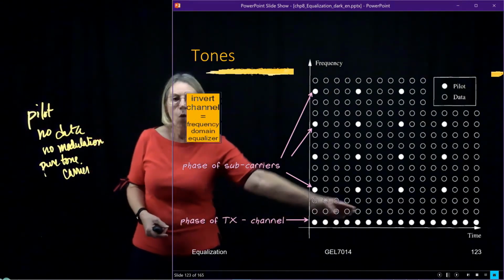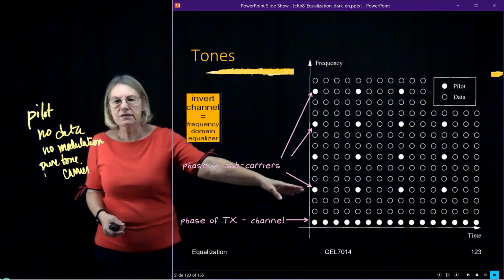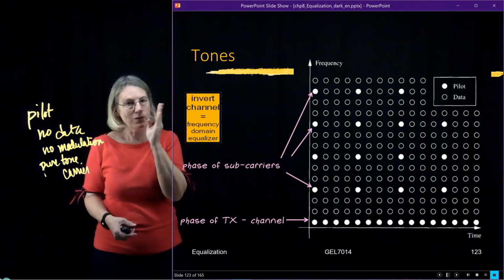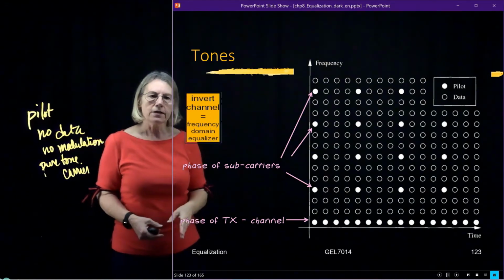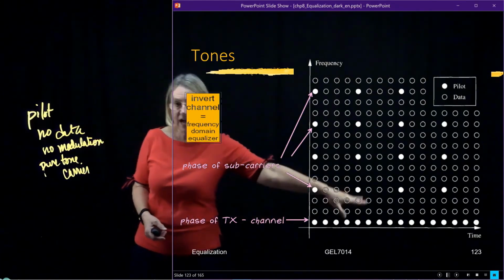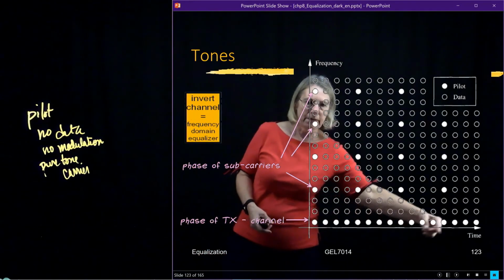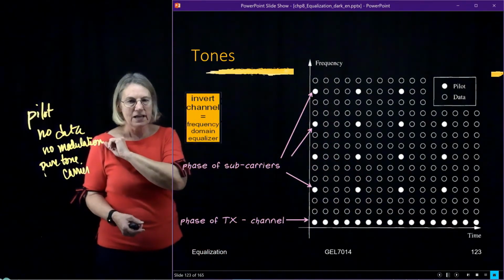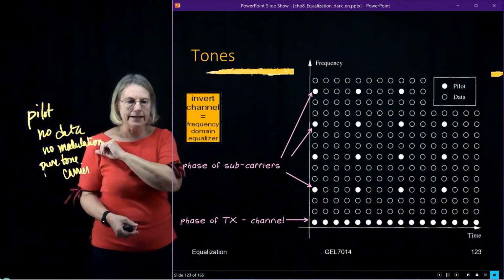I have one channel that I reserve just so that I can keep an eye on that oscillator and track what's going on with its phase. It might be drifting with time, so all of the time I'm keeping this one channel just to observe the phase rotation on that oscillator.